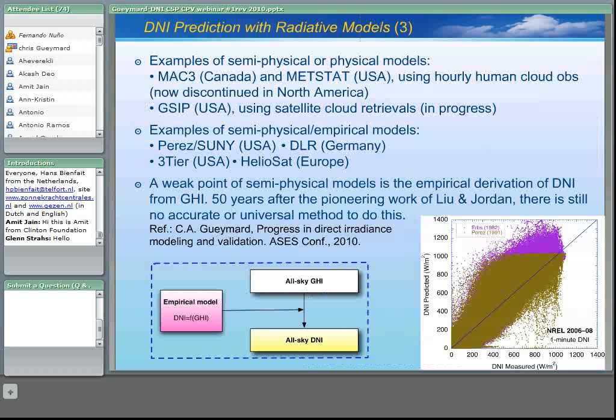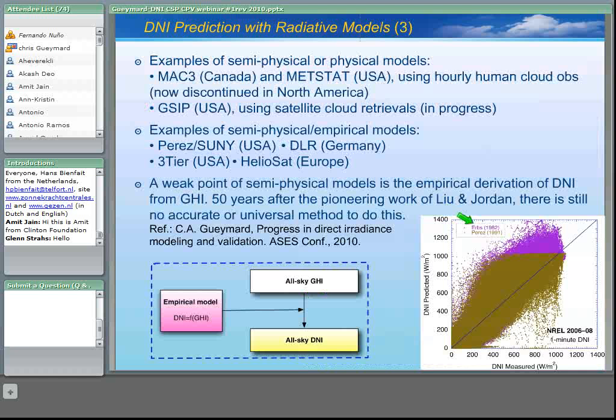Here we have a plot of the measured 1 minute DNI measurement at NREL in Golden, Colorado, for 3 years of data, in 2 different empirical models that are used very commonly in this kind of application.